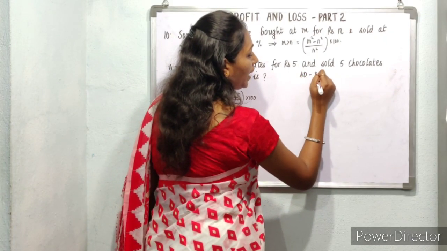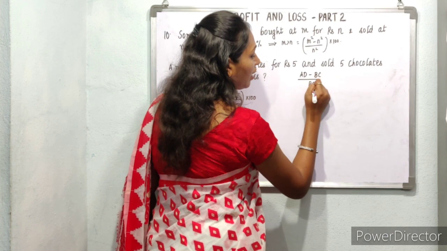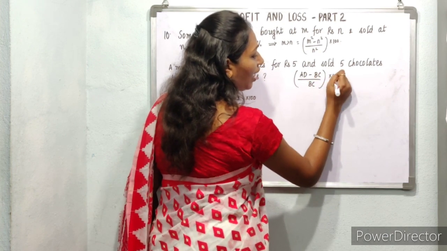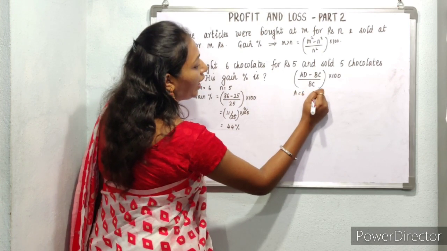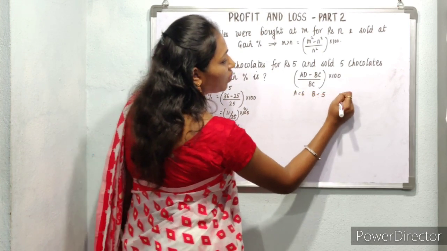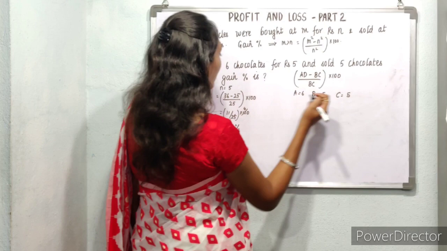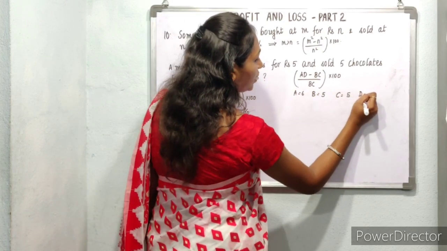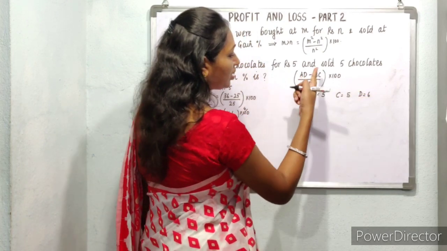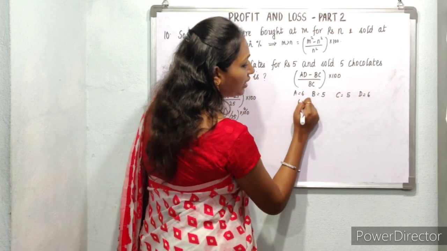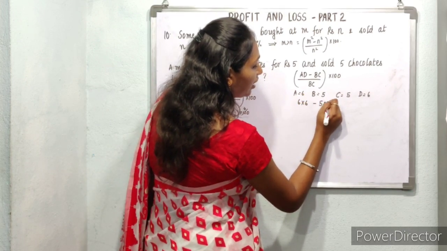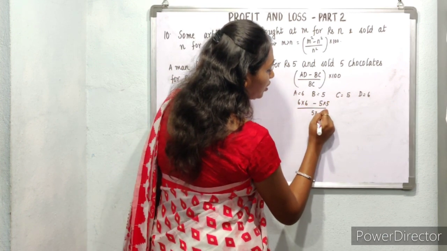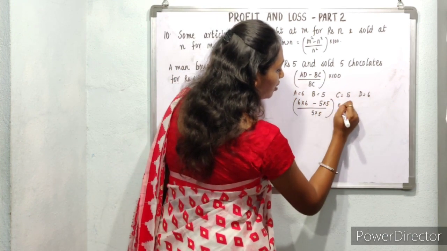And we have one more formula: AD minus BC divided by BC into 100. Okay. Now the value of A equals 6, value of B equals 5, value of C equals 5, and value of D equals 6. Now substitute A is 6 into D is 6, minus B is 5 and C is 5, divided by BC, which is 5 into 5, into 100.